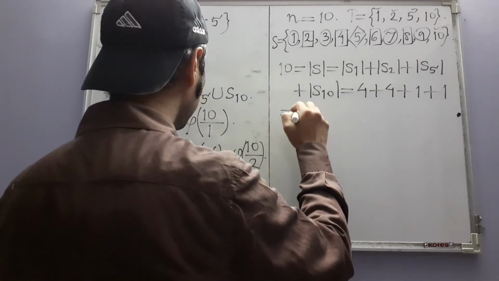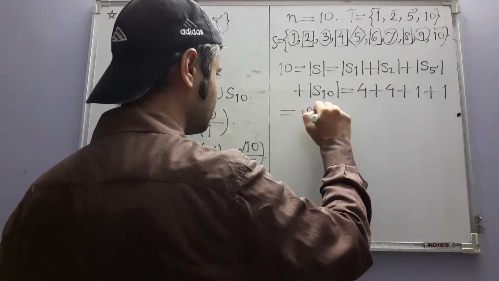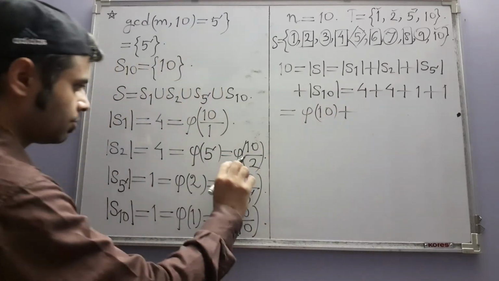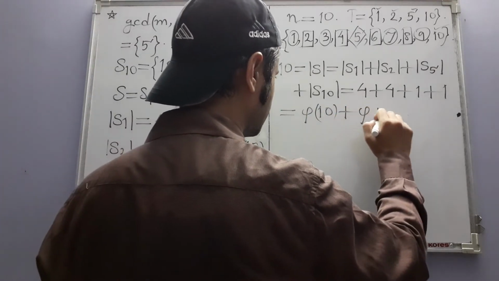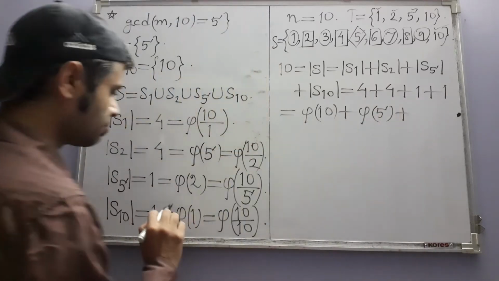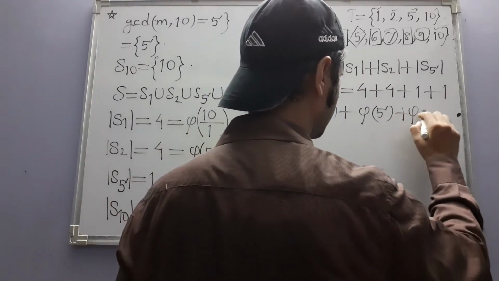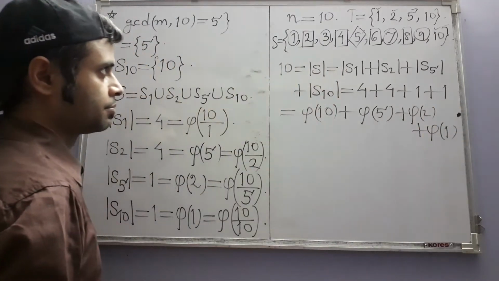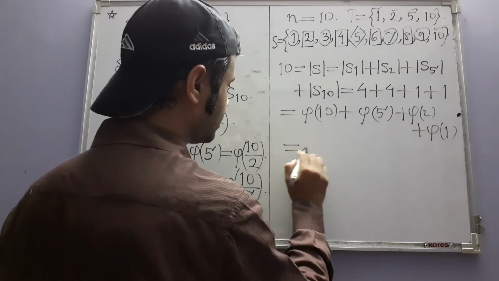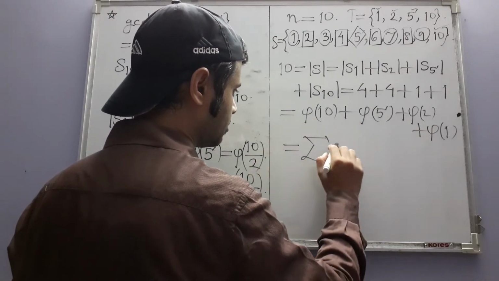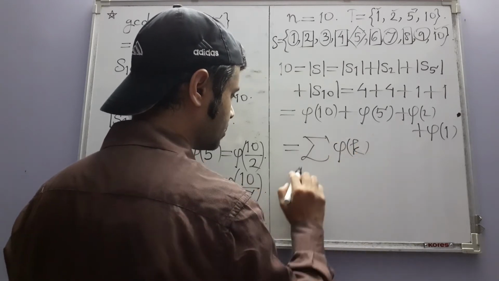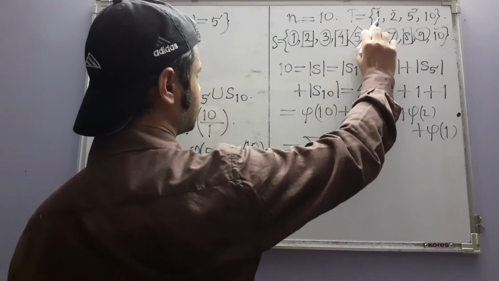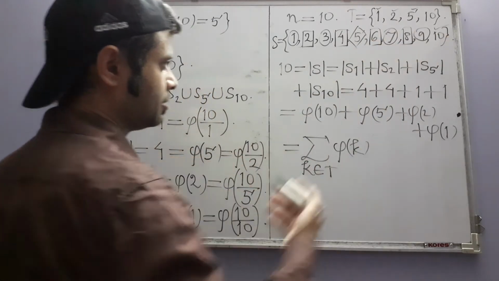However, originally 4 is what? Phi of 10, plus this 4 is phi of 5. This one is phi of 2, and this one is phi of 1. So you can now clearly see that this is equal to the summation of the phi values of k as k varies over the divisors, k will take these values 1, 2, 5 and 10, and you get this.